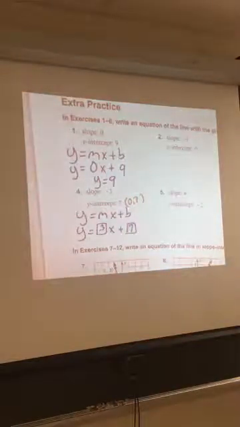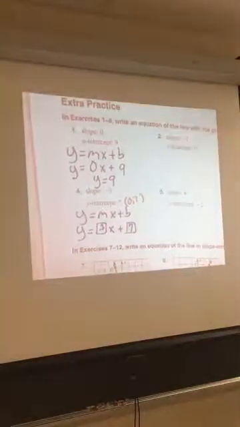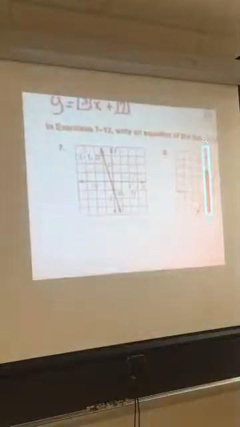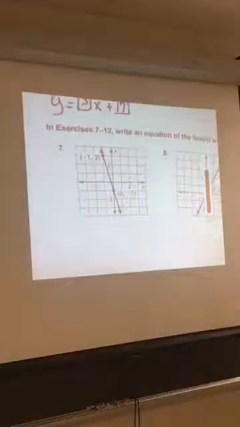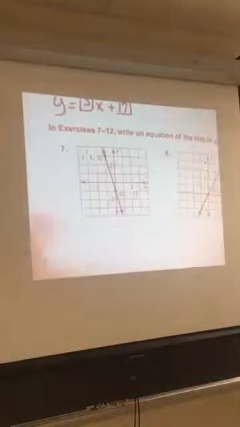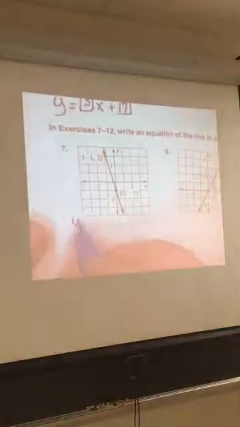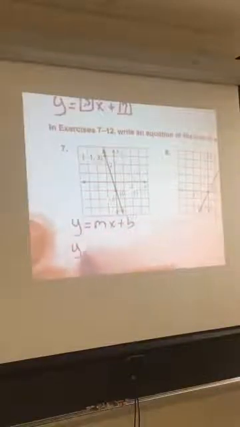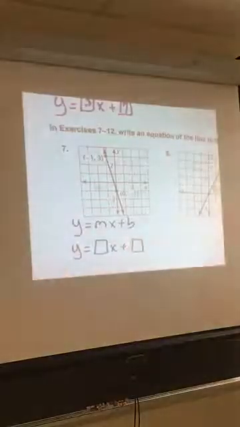Next one's what I call medium. Not too bad. They're going to give you a picture. And you've got to come up with the equation just by seeing this picture. Now, I don't know why my projector keeps going red, but there we go. So you look at this picture, we know our goal is to have y equals mx plus b. And I must have a number for the m, and I must have a number for the b.